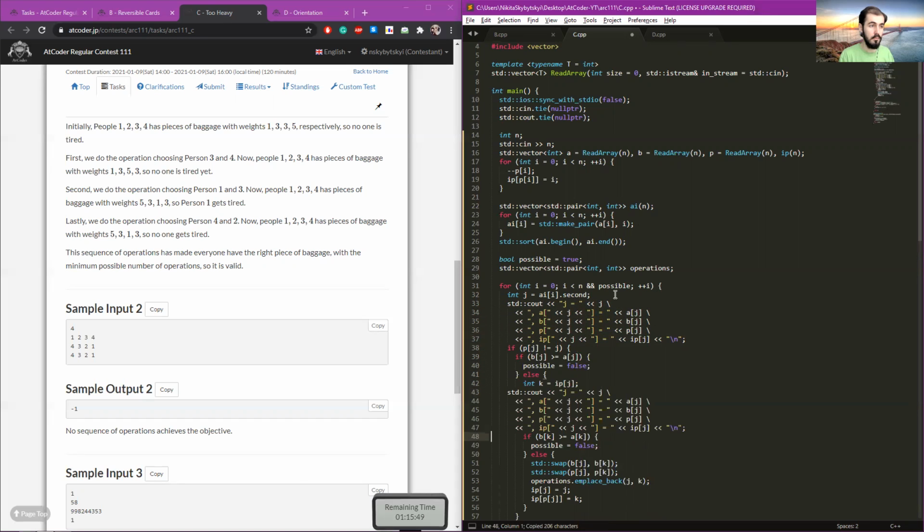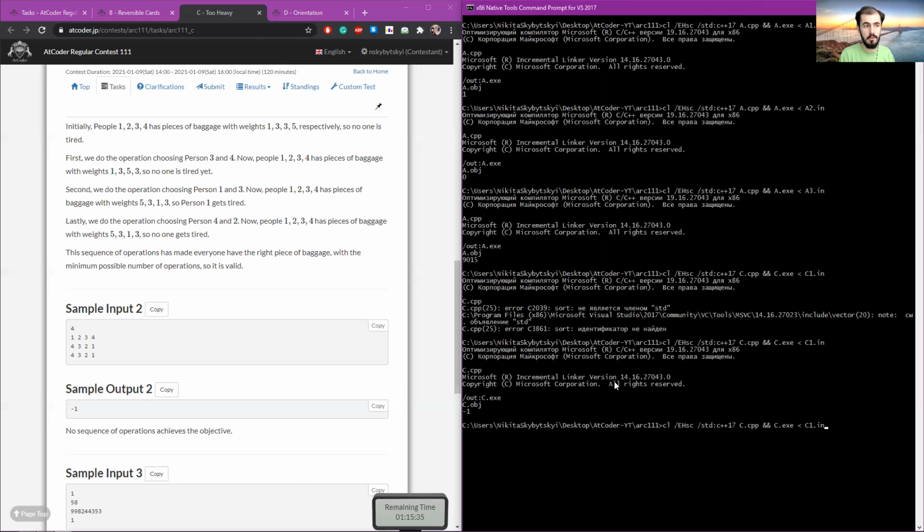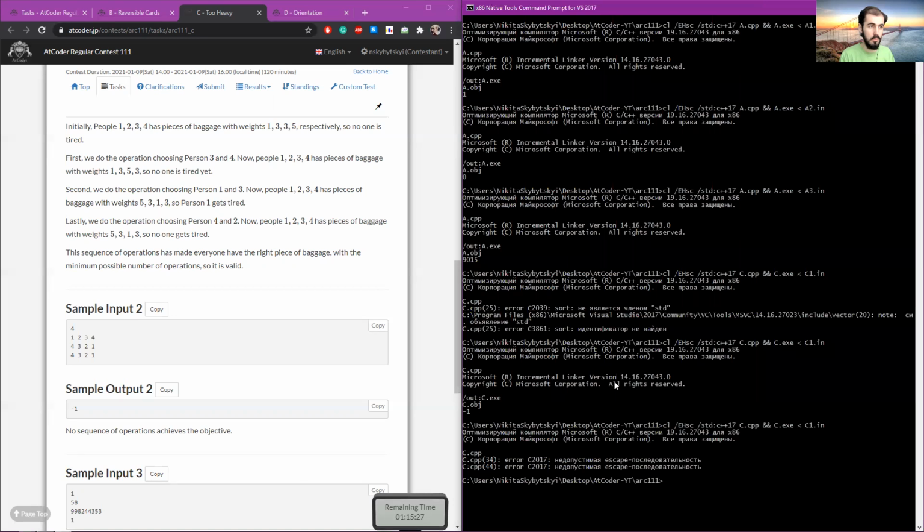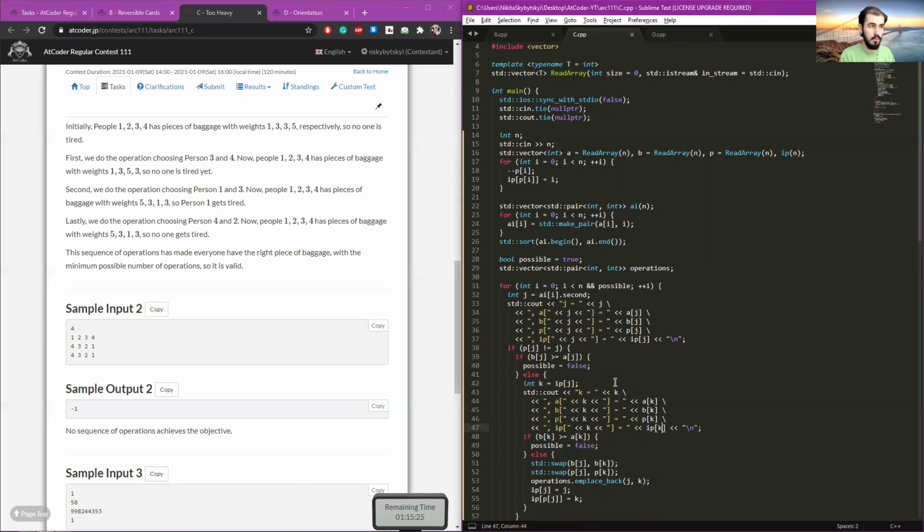What if we print everything that we're interested in? What's wrong? Do I not need it or what?